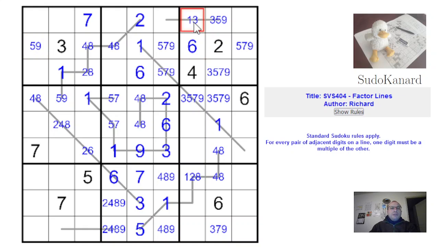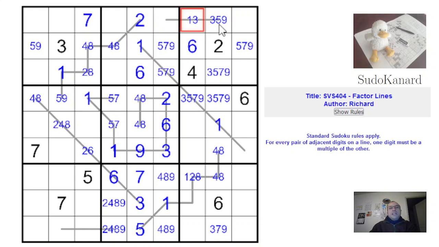Now what about 3? Well, 1 can still have any neighbor, but 3 could only have 9 as a neighbor here. Oh, but 3 with a 9 here would make this a 5, and 5 can't be neighbor to the 3.